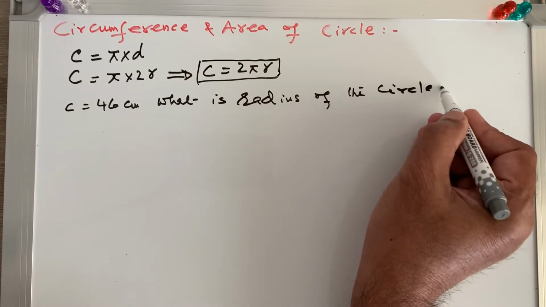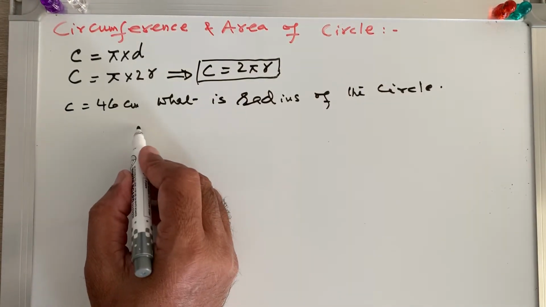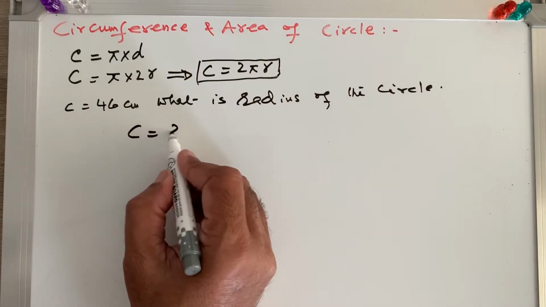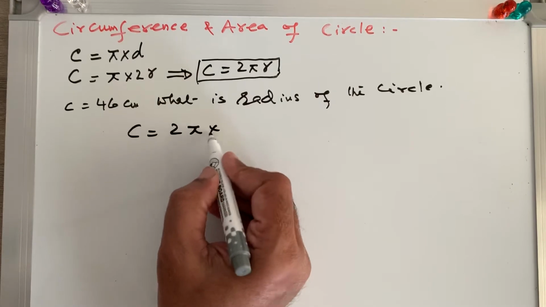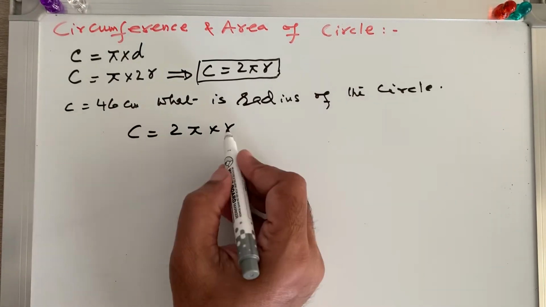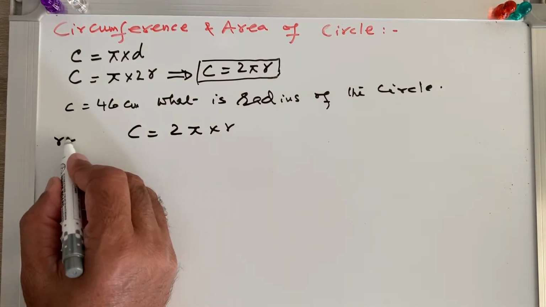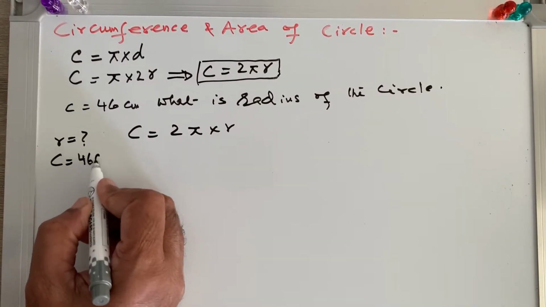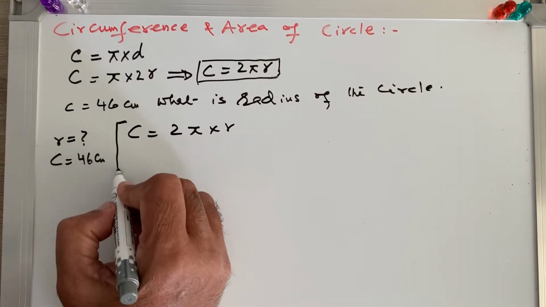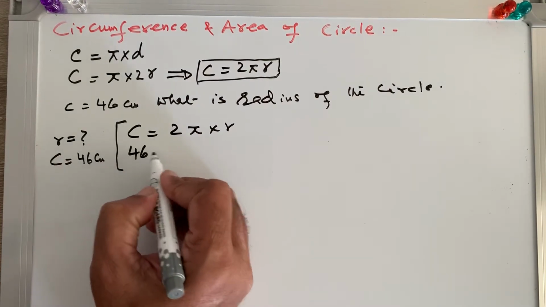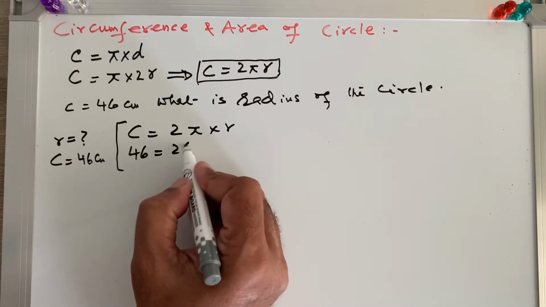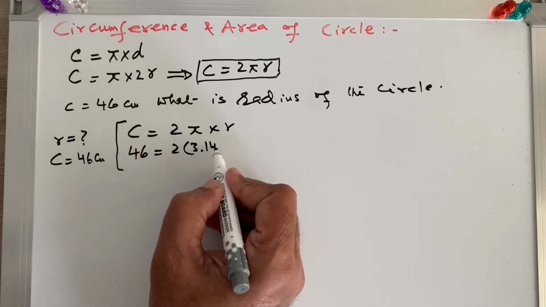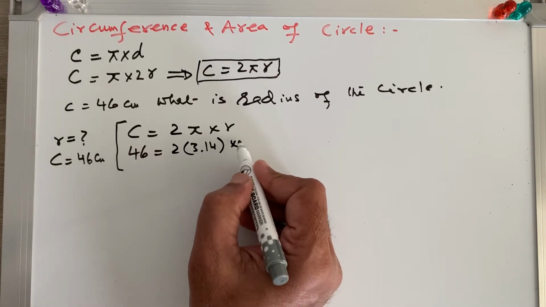This is just the rearranging of the formula, because circumference is equal to 2 times pi times r, and the radius is required, right? Radius is unknown, and circumference is given as 46 centimeter. So we can plug in the value here: 46 is circumference, 2 pi is 3.14, times radius is unknown.